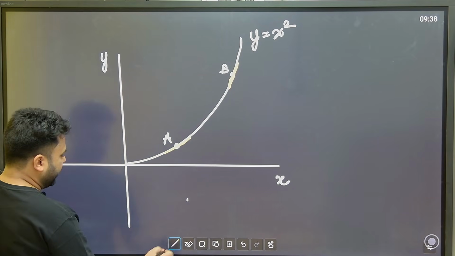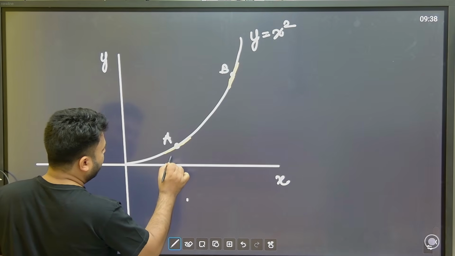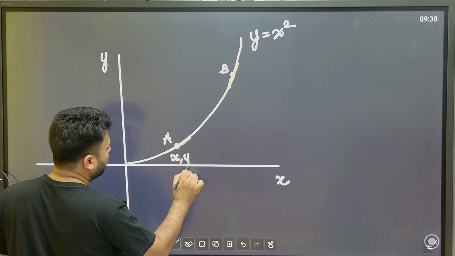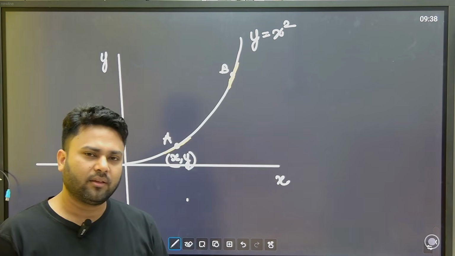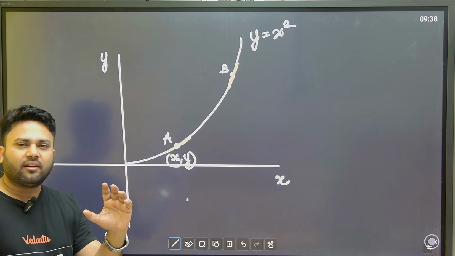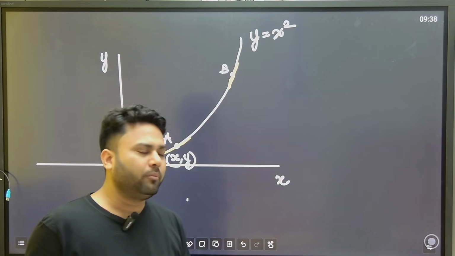So suppose this point A has coordinates X, Y. I am able to visualize what the slope is, but what is the value of the slope?